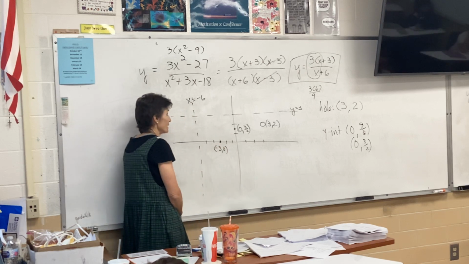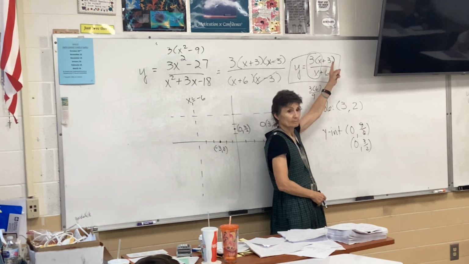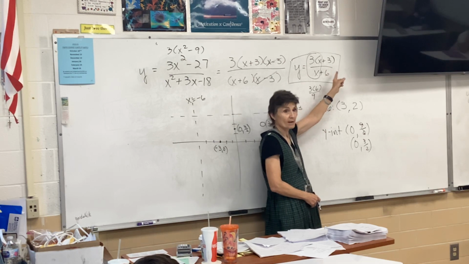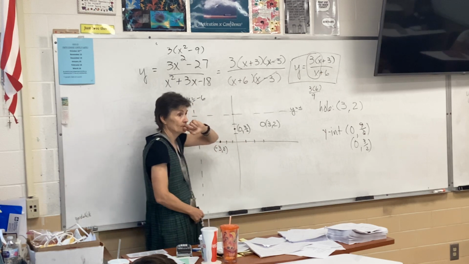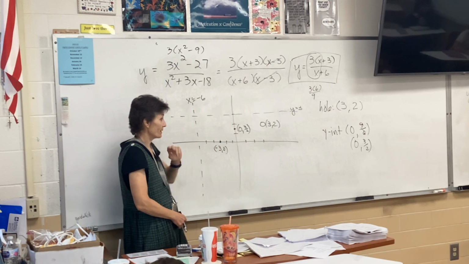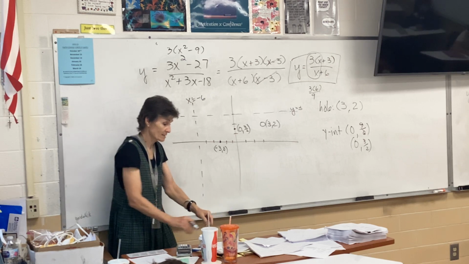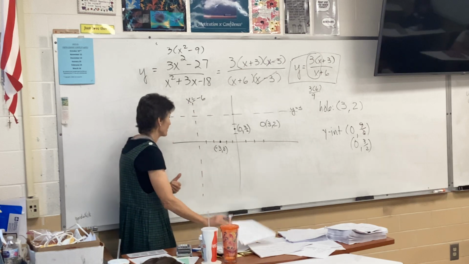If you put negative 3, won't that be 0? That's your x-intercept. Whatever makes the numerator 0. Well, that's it. You should have all those blanks filled in down here at the bottom. Now we have to draw the picture.